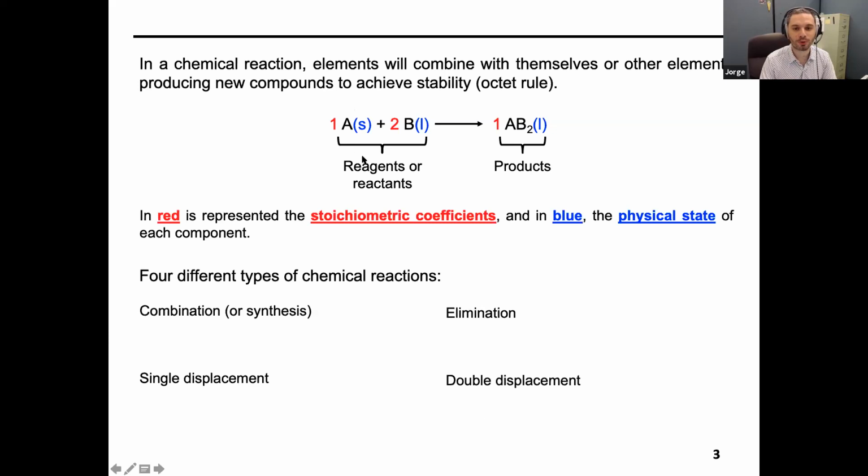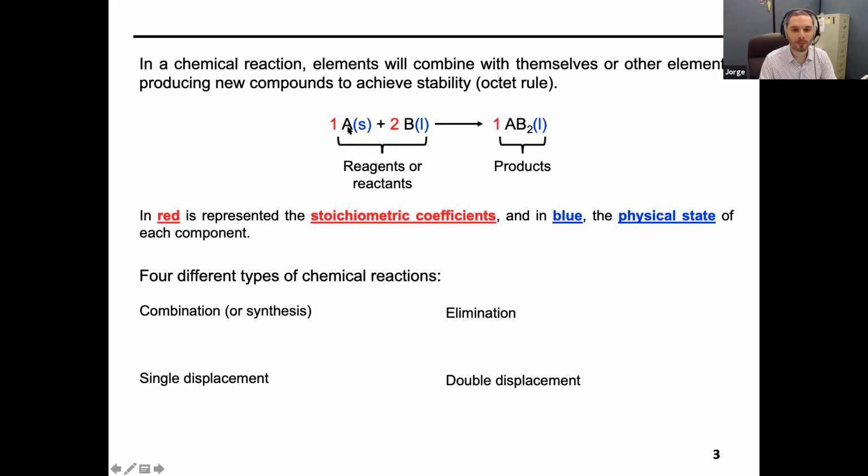So I'm showing you a general chemical reaction here. We have, for example, an element A combining with an element B, producing a new compound AB2. In red is represented the stoichiometric coefficients.